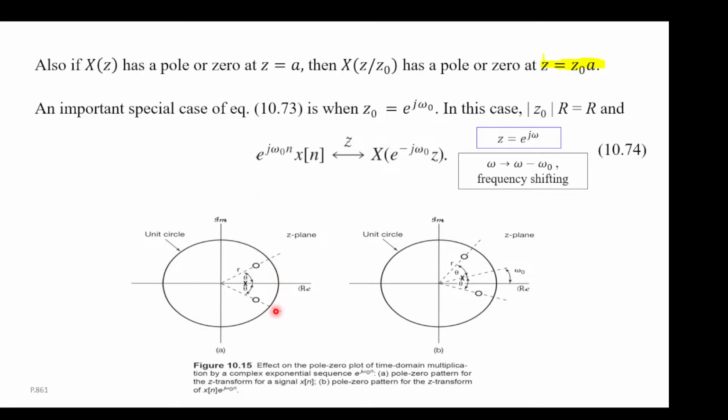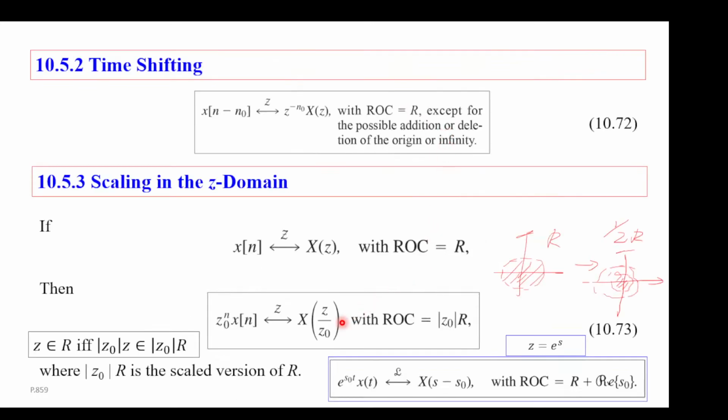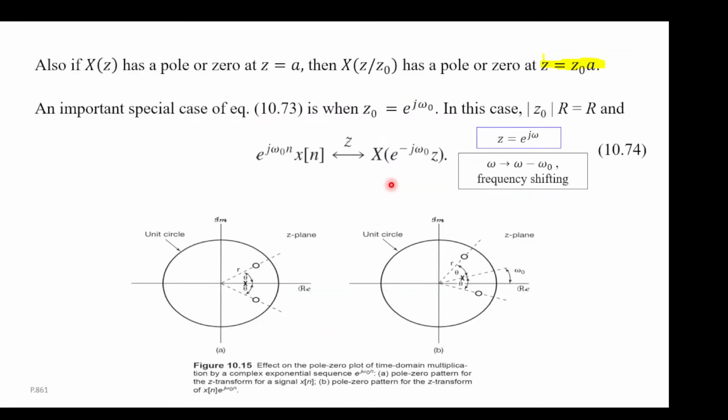So the Fourier transform is where you restrict your X of z to the unit circle, okay? Now you think about that, and that corresponds to doing a frequency shift in your Fourier transform, because getting this z0 equal to e to the j omega 0, and you plug in this formula, your X of z becomes X of z divided by z0, and dividing by z0 means times e to the minus j omega 0.